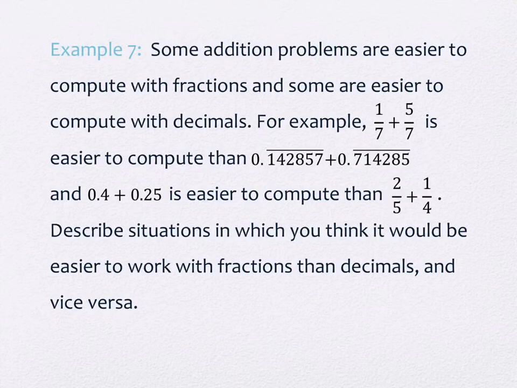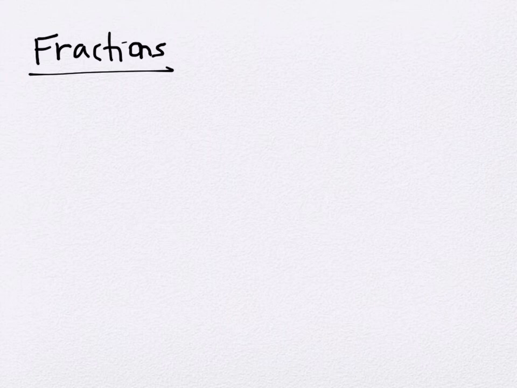So we're going to write down fractions first and think about when in the world are fractions easier to work with. Now if you compare over on this slide, the 1 over 7 and 5 over 7 to the 2 over 5 and 1 over 4, you might in fact notice that the first set has common denominators and the second one doesn't. So fractions are easier certainly to work with when you have common denominators.